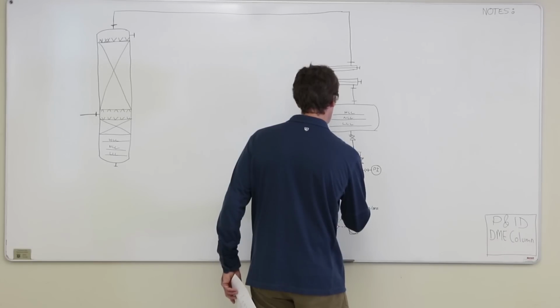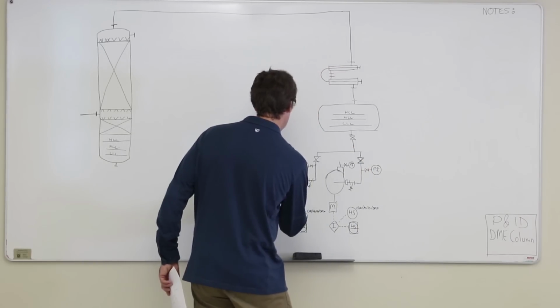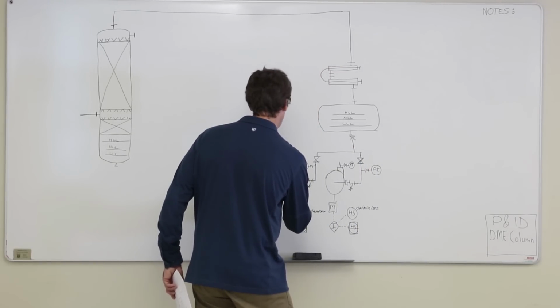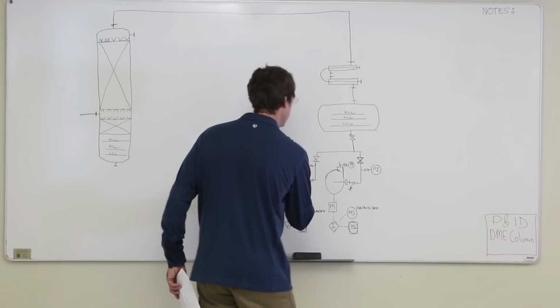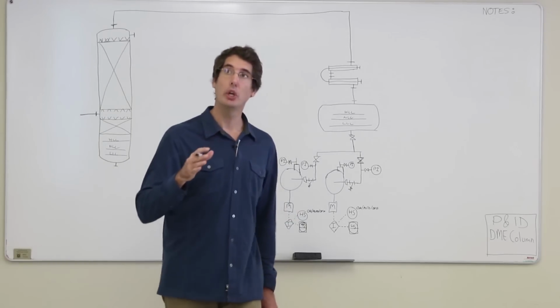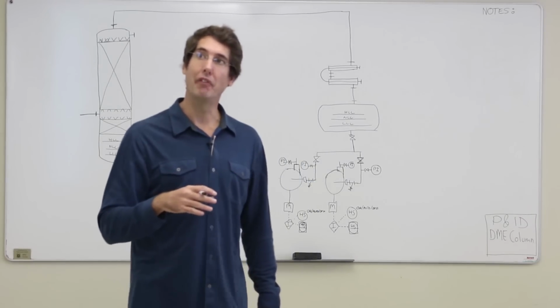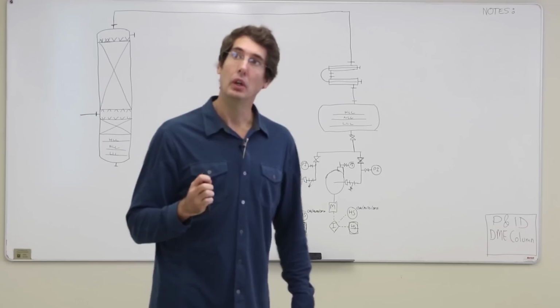I'm going to put the PI in first so that I'm measuring the differential pressure on the pump right as it comes out. The reason you want to measure the pressure on the inlet and the outlet of the pump is that when you calculate the differential pressure, you can go to the pump curves and find out what the flow through the pump is.